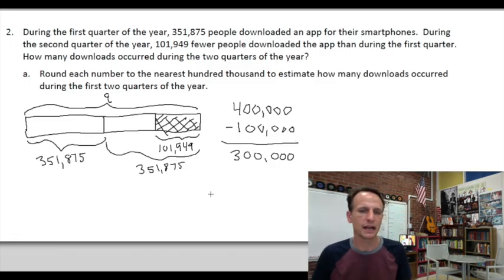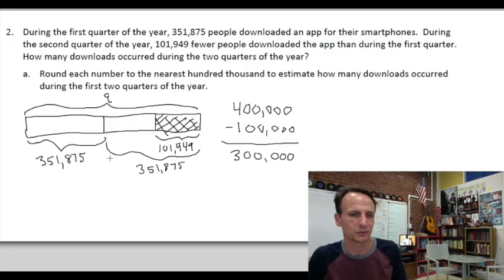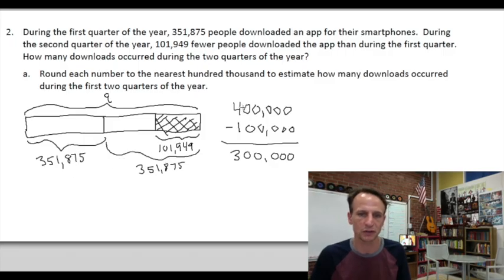Now some of my zeros there look like trapezoids or something, sorry. All right, but are we done? No, because we want to find the first 2 quarters. That just gives us the second quarter. So what do we need? Yeah, we need to add the first quarter to it, which we already rounded to 400,000. We can write out a new one here, or we can just keep going here. Add in the 400,000, which is the rounded 351,875.